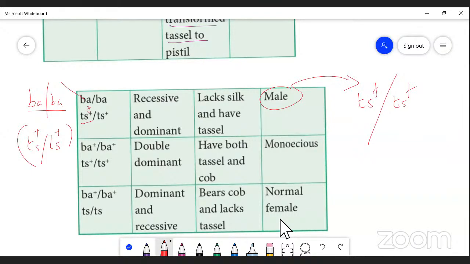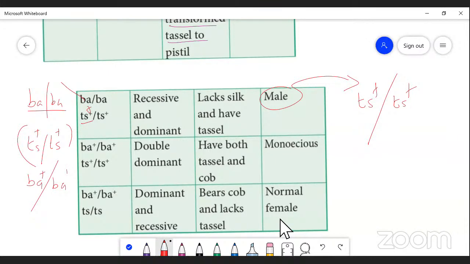Though femaleness alleles are present, their character is hidden. But the flower is present, that is a rudimentary condition, right? The female flower is there, but in rudimentary form. The ovary is not developed well, right? So instead, let us take the dominant ba instead of the recessive. Here we are going to take the dominant one, ba plus.